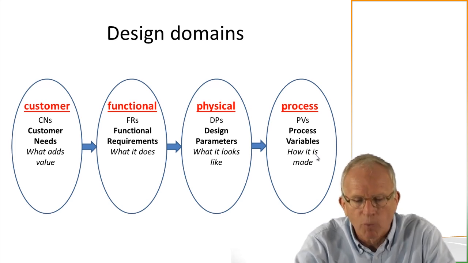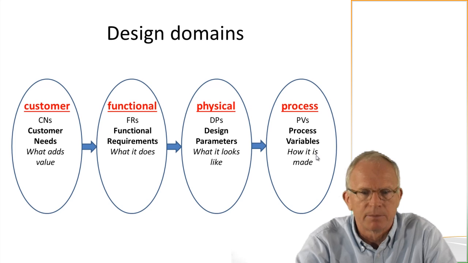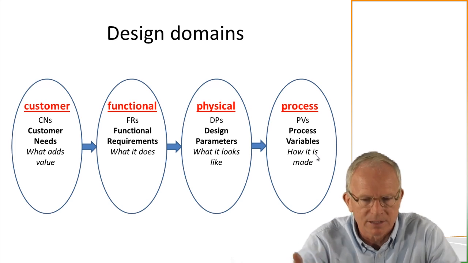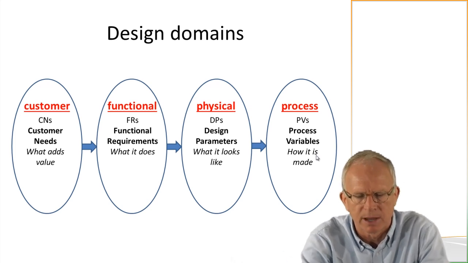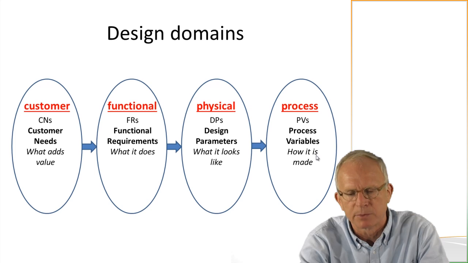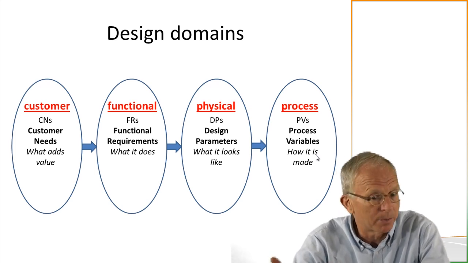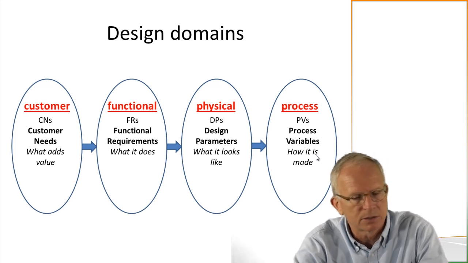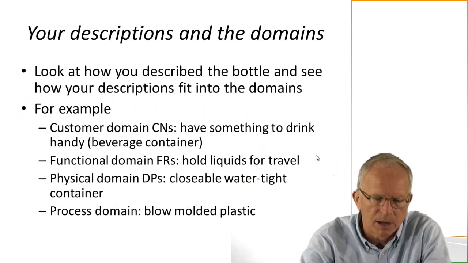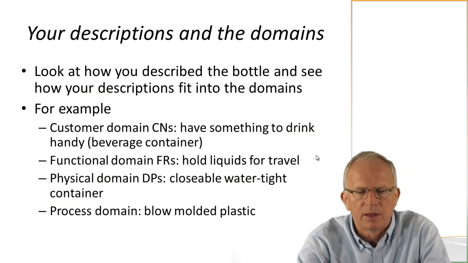And in some ways it's unfortunate that the elements of the physical domain are known as the design parameters, when the whole thing is the design and what are the parameters we're using for design. Doesn't matter. This describes what it looks like. And so the process variables could also be talking about machine tools or manufacturing systems that are going to be used to generate something. So don't get hung up on the names. Look at what they do.